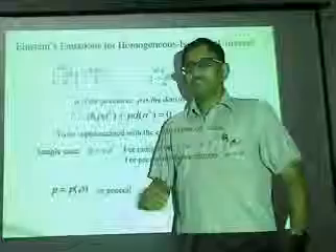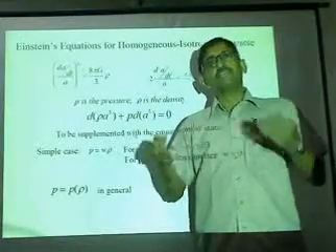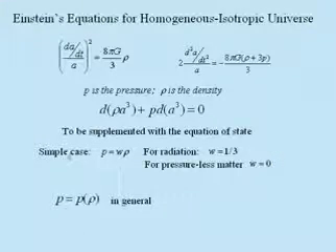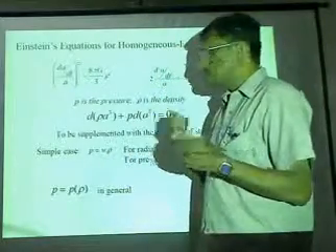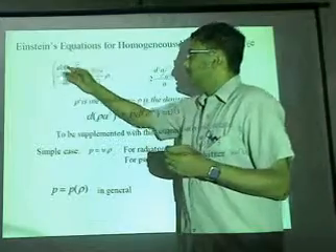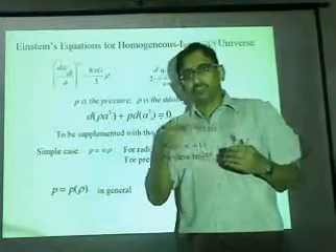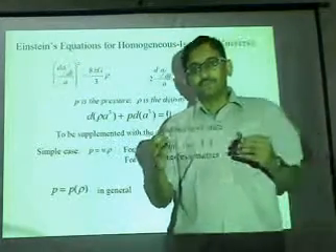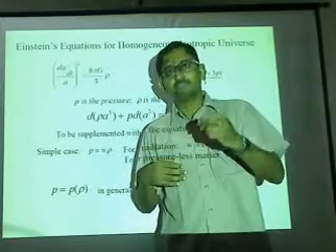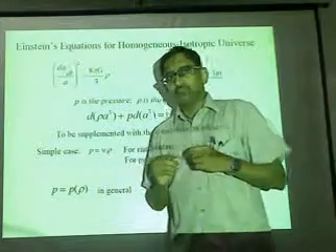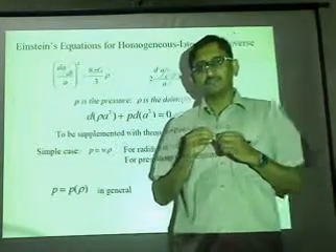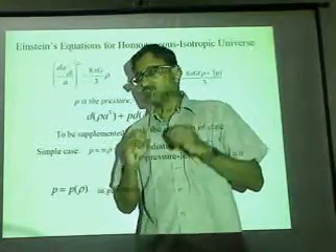A is a typical distance between any two points in the universe, and clearly, since the universe is homogeneous, what should matter is the relative values of A at two different times and not its absolute value. Hence, this A will be determined only up to a multiplicative constant.